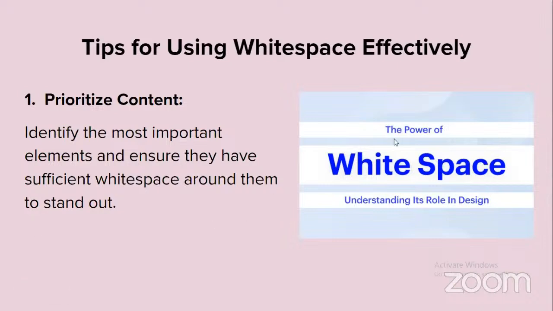Because this is bigger than this, there must be a bit of space, not too close together. That space will make the one that is showing hierarchy stand out. So that's why I said another way to use white space is prioritizing content.